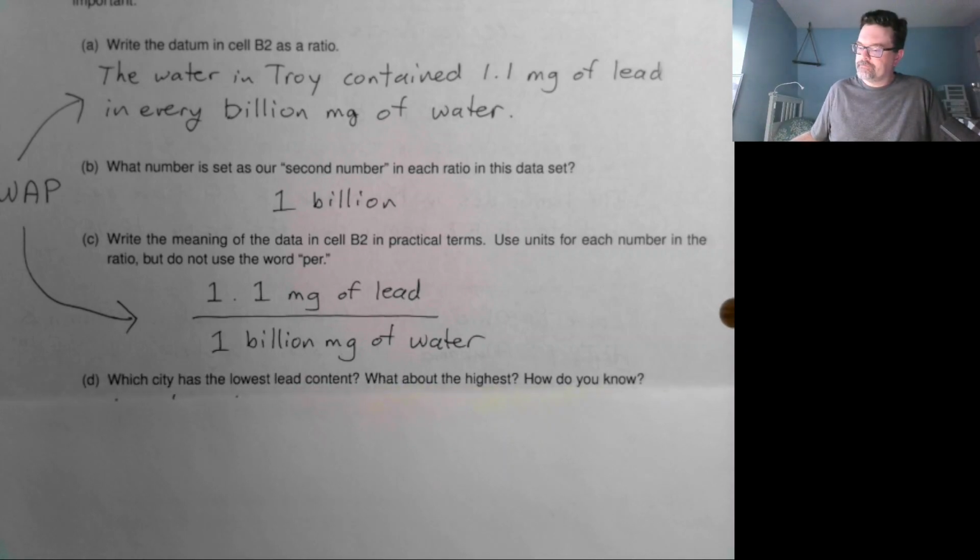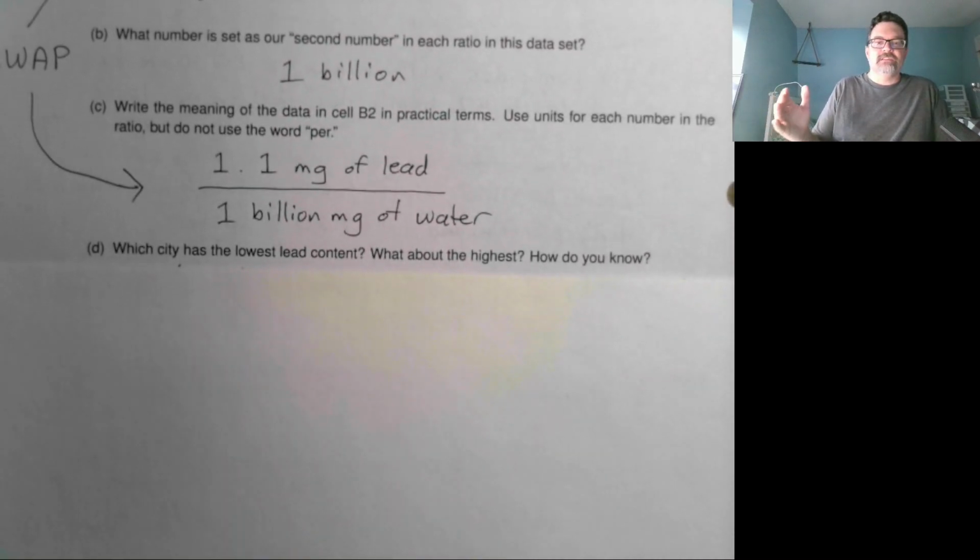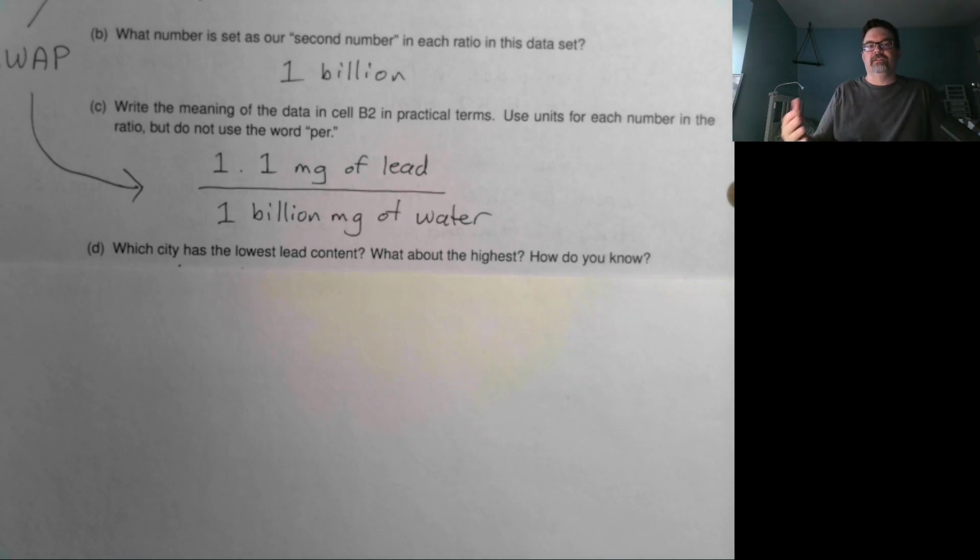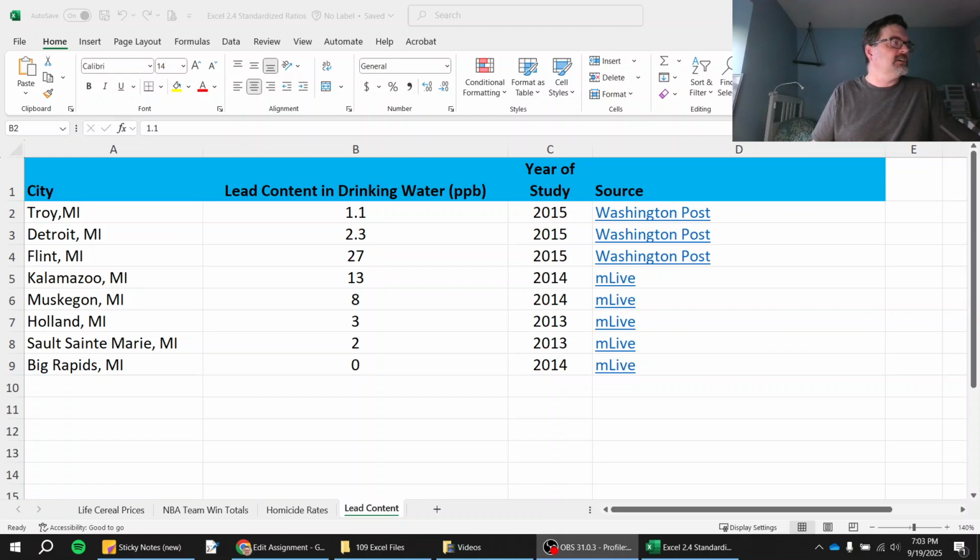All right. So this gives us a way to compare the lead content in different cities. They have a method of taking a sample of water and they measure, in some quantity, how much of it is lead and can turn that into the ratios that we have here.